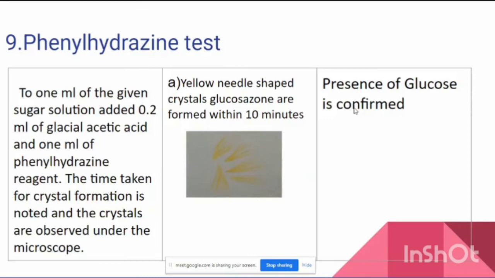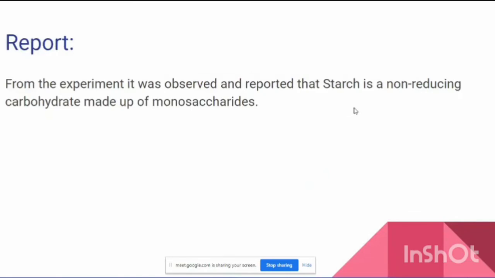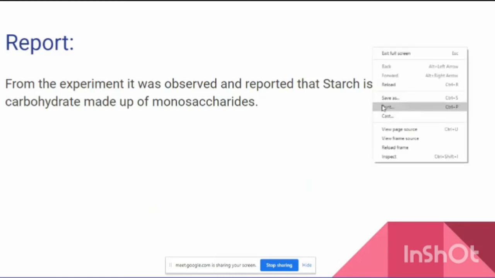Starch is made up of glucose monomeric units. A partially hydrolyzed starch solution will have maltose, and a completely hydrolyzed starch solution will have glucose units in it. So from the experiment, it was observed and reported that starch is a non-reducing carbohydrate made up of monosaccharide, that is glucose, because we obtain glucosazone.